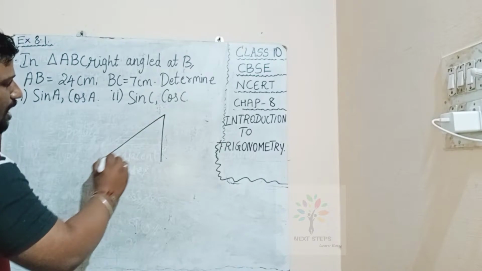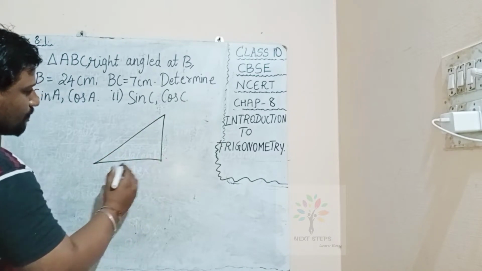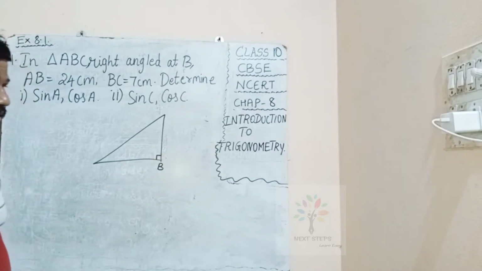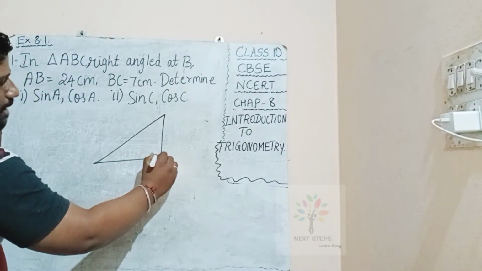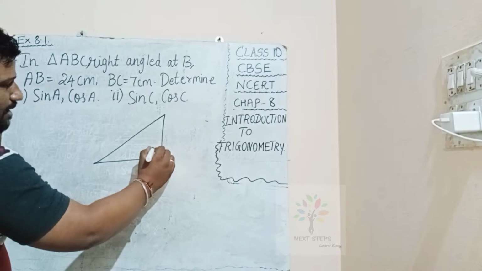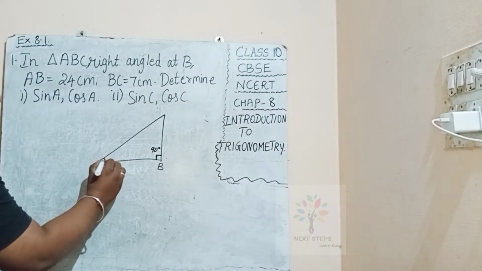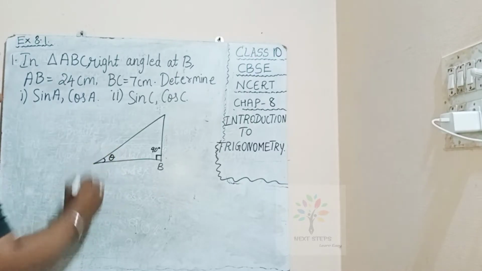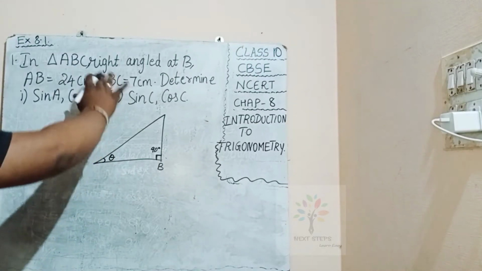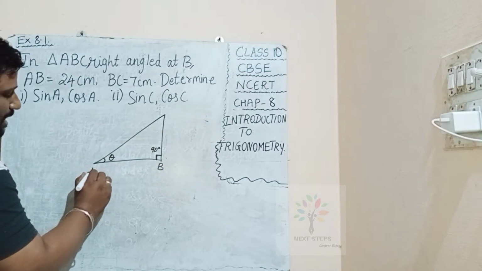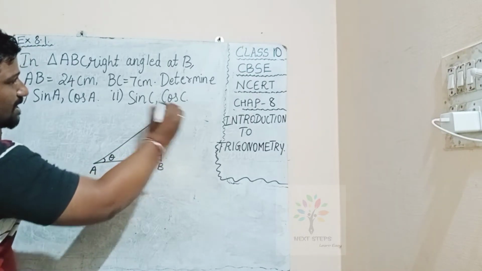Here I am going to draw a triangle with right angle at B. Right angle means the angle should be 90 degrees. Here this angle I am going to take as theta. I am just drawing a triangle and giving the names A, B and C.